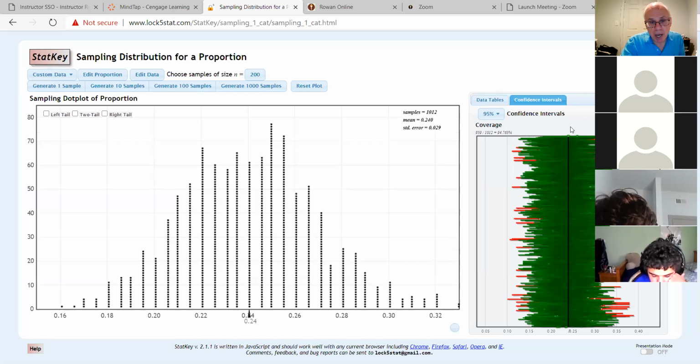What it means is that if we did this process of creating samples, if we repeated it 1,012 times, 95% of those samples will contain it, and we're hoping that the sample we chose is one of those. That's what we mean by 95% confident. So it's not a probability in the classic sense.